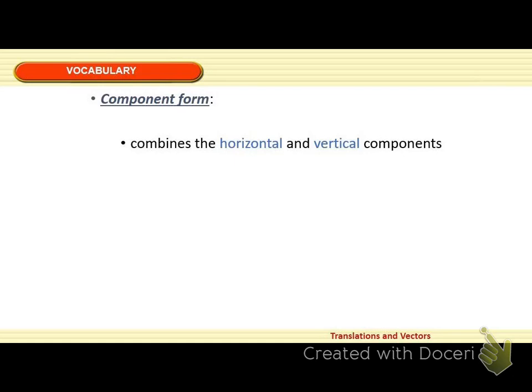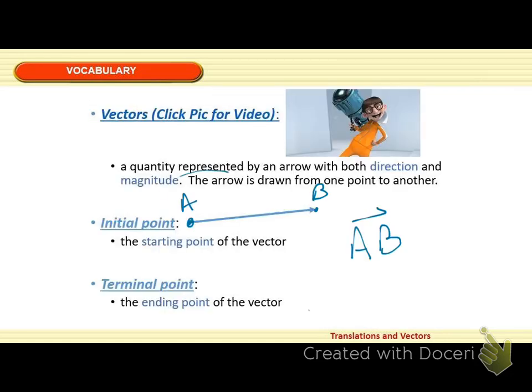One way that we can express a vector is in what's called component form. Component form combines the horizontal and the vertical components of the vector. So if we go back to this, obviously this vector is moving to the right and up. So it has a horizontal and a vertical direction going on at the same time.